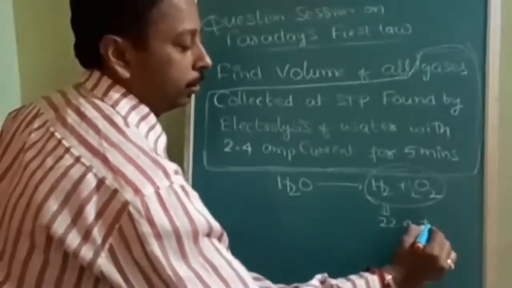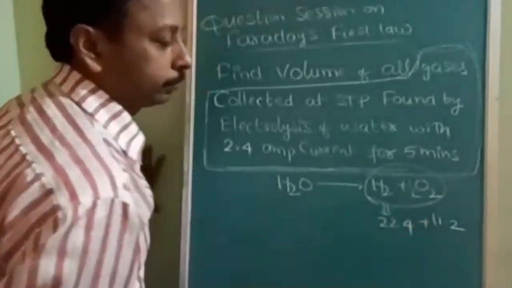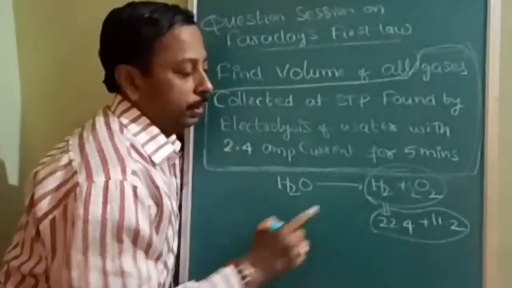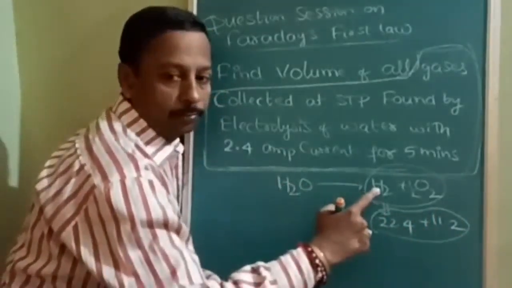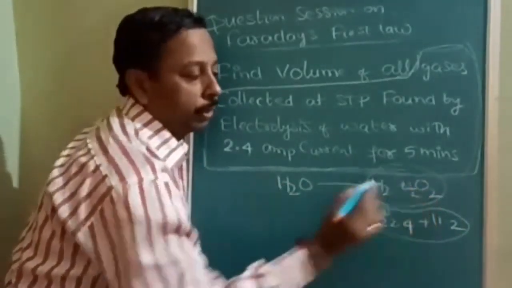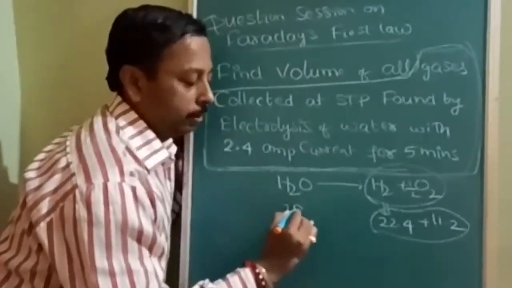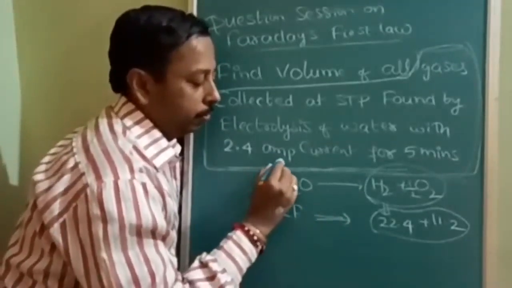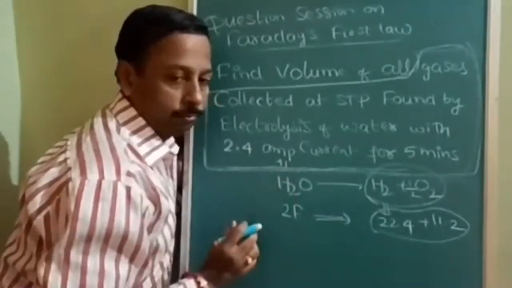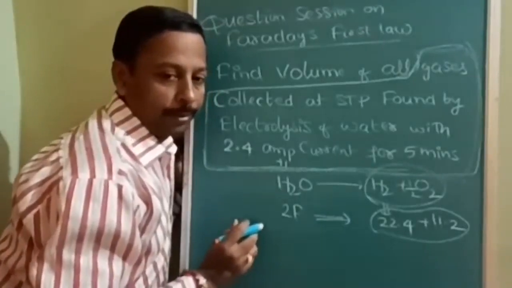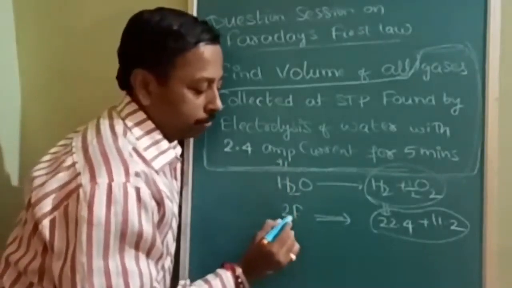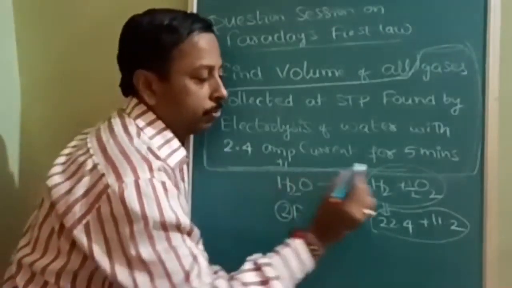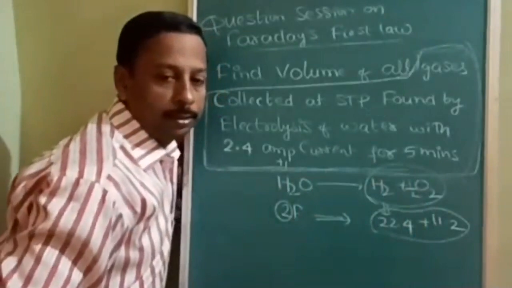So if I take only this, how much will I get? 22.4 liters plus 11.2 liters. At STP I am talking about the volume. For this, how much do I require? For hydrogen 2 Faraday, or for oxygen also 2 Faraday. So how did I get this? 2 Faraday, because in H2, hydrogen is plus 1 into 2, so plus 2. That's why 2 Faraday. Or you can take it from oxygen also, not a problem: minus 2 to 0 is the oxygen change.